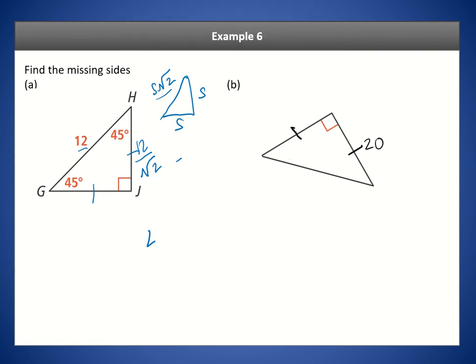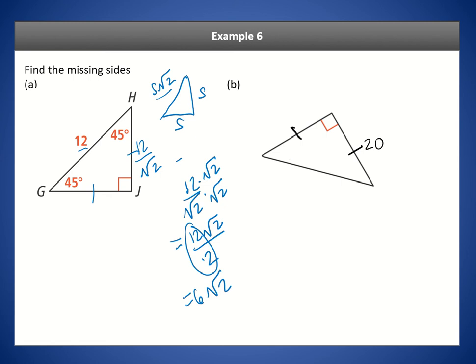So in order to do that here, we're going to multiply the denominator by the same radical, top and bottom. So we have 12 times the square root of 2 over the square root of 2 times 2 is 4. The square root of 4 is 2. And then 12 divided by 2 is 6. So we got 6 times square root of 2. And that will take care of the missing sides.